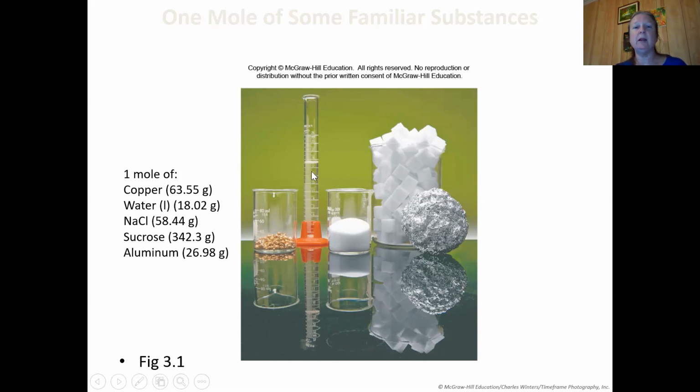This is 1 mole of water molecules. We know what it weighs because we added up the molar mass of 2 H's and 1 O to come up with 18.02 grams for 1 mole of water. And that's what it looks like. This is 1 mole of sodium chloride. There are 6.02 times 10 to the 23rd sodium chloride formula units in here.